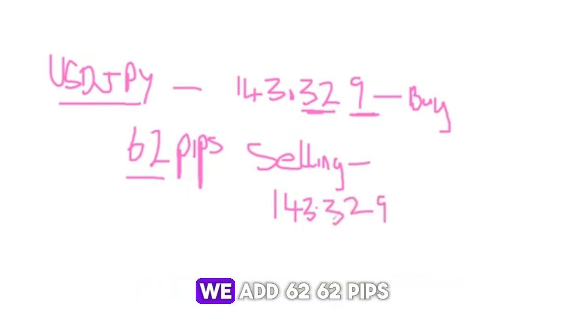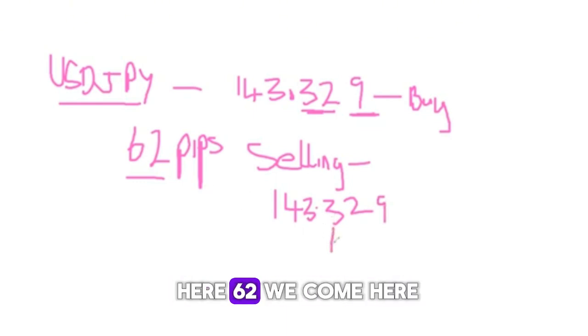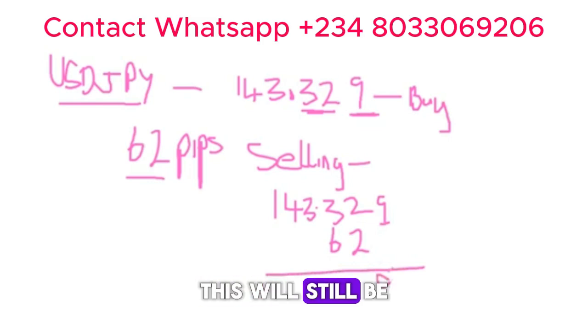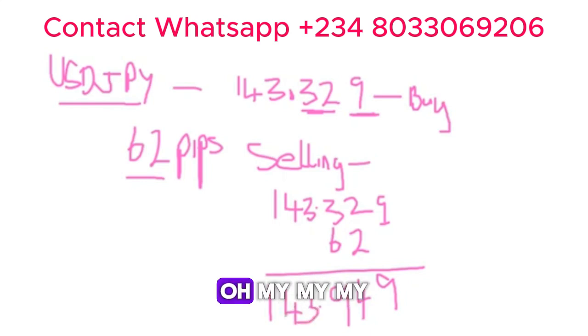We add 62 pips. 62 will come here. It's not going to start from this one because this is the pipette. So if you add it here, this will still be 9. So 2 plus 2 is 4. 3 plus 6 is 9. 143.94.